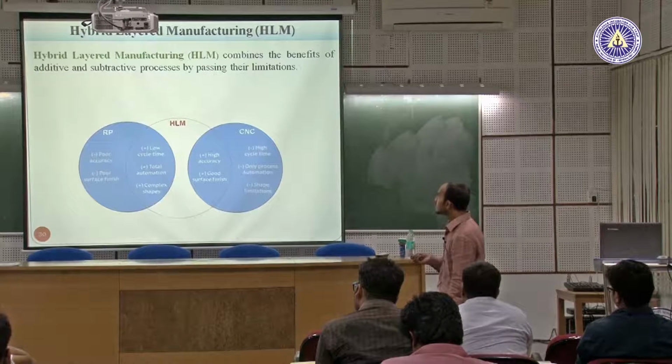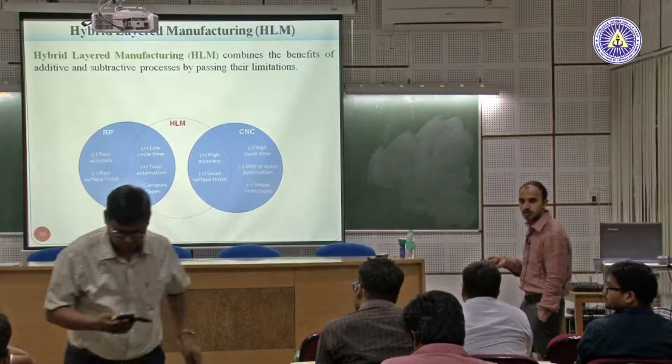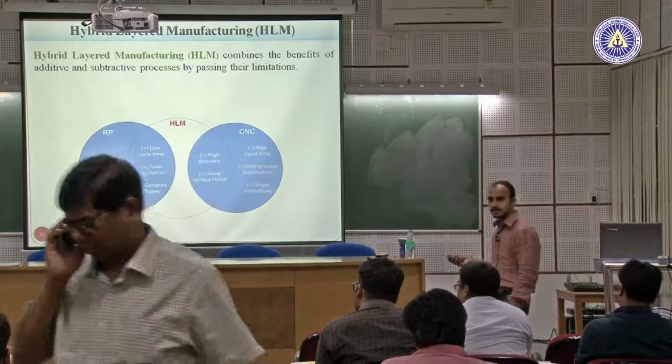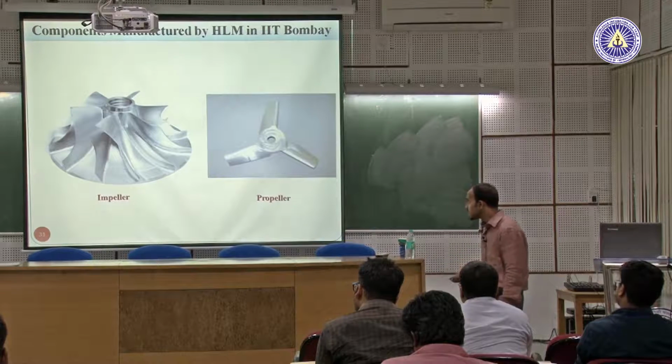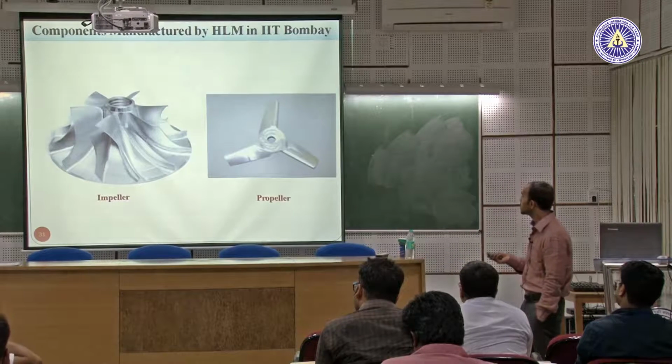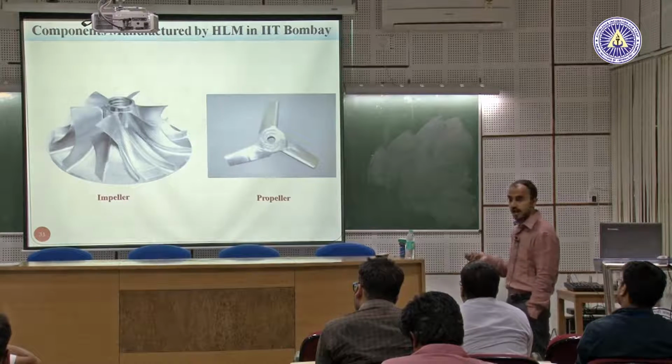So in hybrid layer manufacturing, they use both technologies for cost saving and reducing the overall development time. These are different products made at IIT Bombay. Actually, this is an impeller and propeller made using hybrid layer manufacturing.